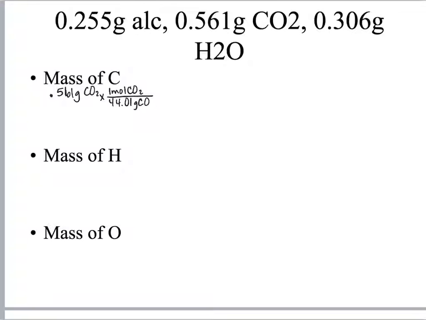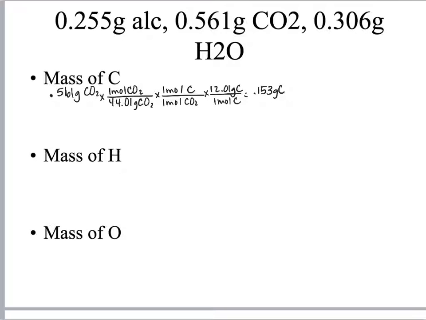And you see again, number, unit, and substance. Now, since I just want the carbon, I just want to count the carbons that are in my CO2. There's 1 mole of carbon in every mole of carbon dioxide. And then I can take that moles of carbon to grams of just carbon using the atomic mass of carbon. And that comes to approximately 0.153 grams of carbon are in that alcohol.